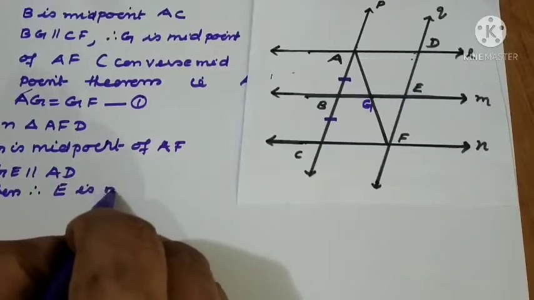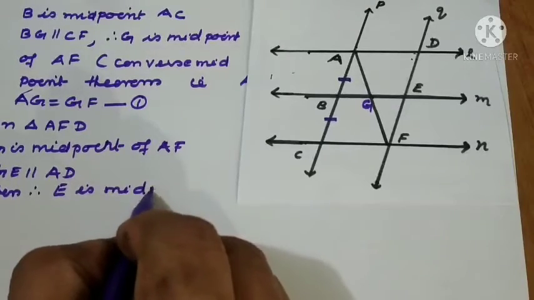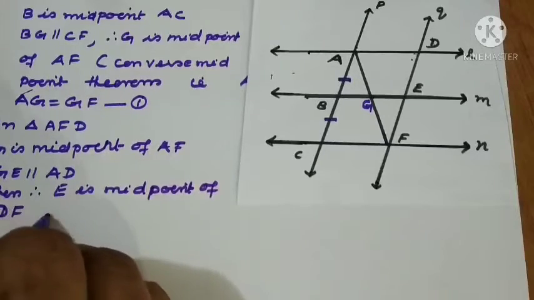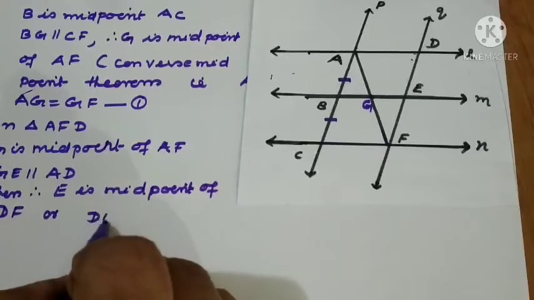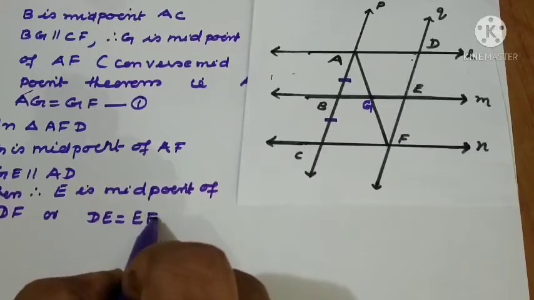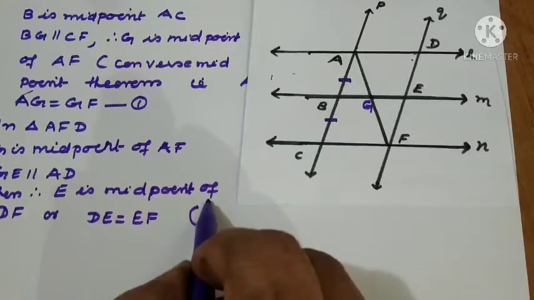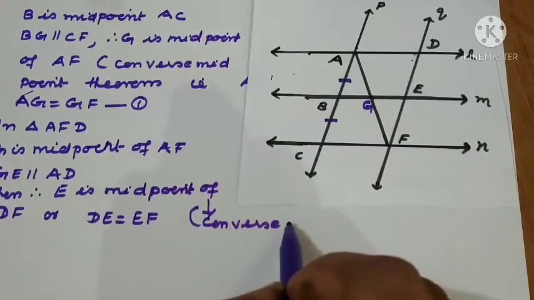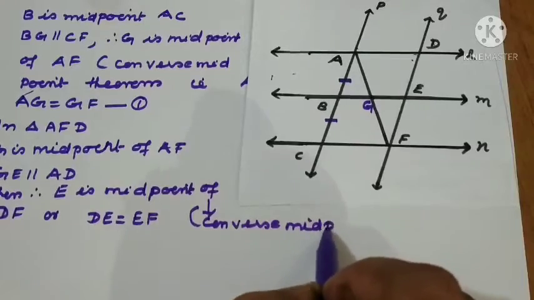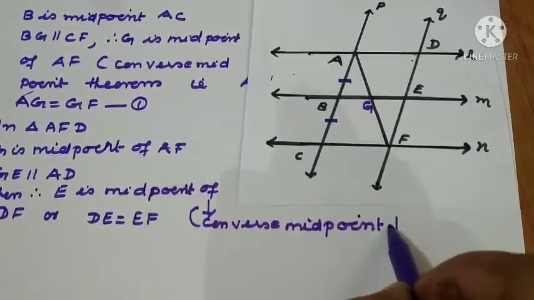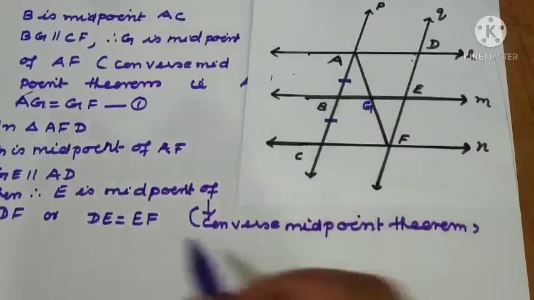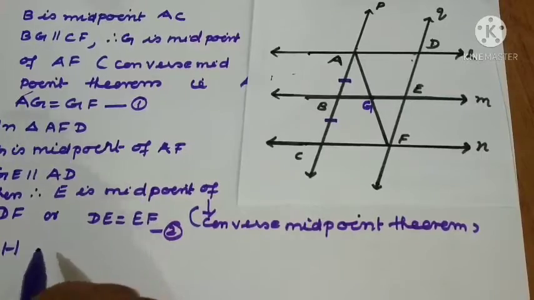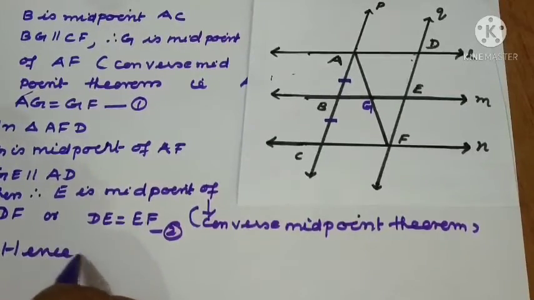E is the midpoint of DF, or DE equal to EF. Here also the same reason only. What is the reason for this statement? Converse midpoint theorem. If you want, we can make it equation number 2. So we got the answer, hence proved.